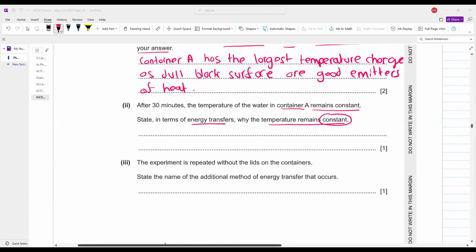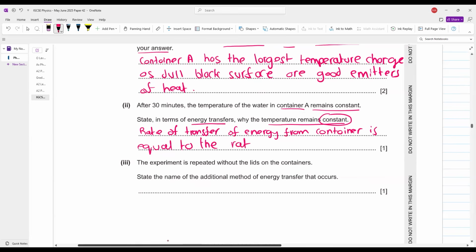How will you write the answer? You will say: the rate of transfer of energy from the container is equal to the rate of transfer of energy to the container. ठीक है?